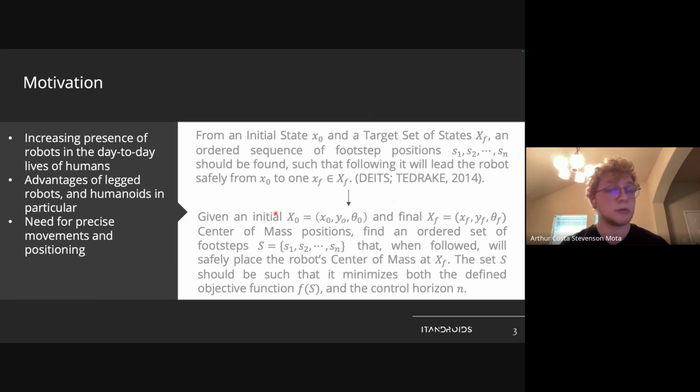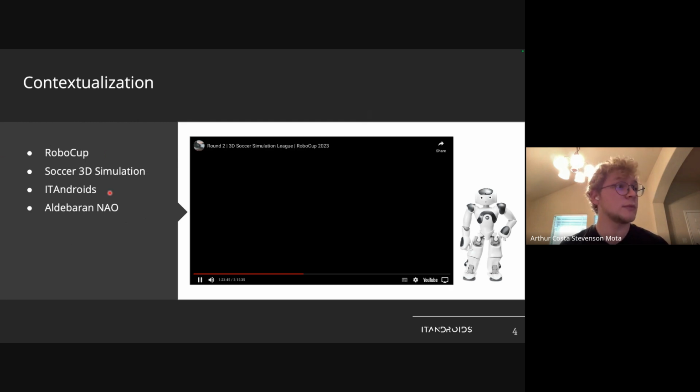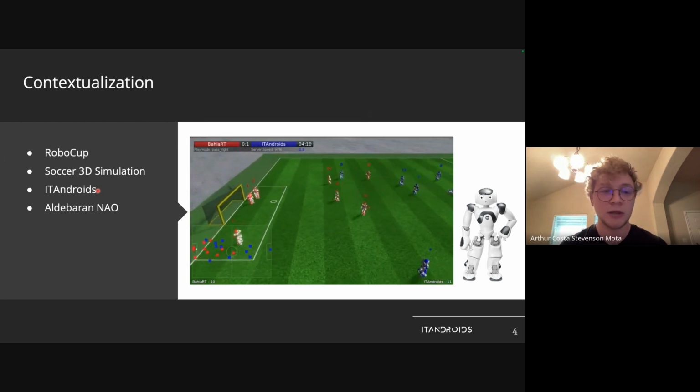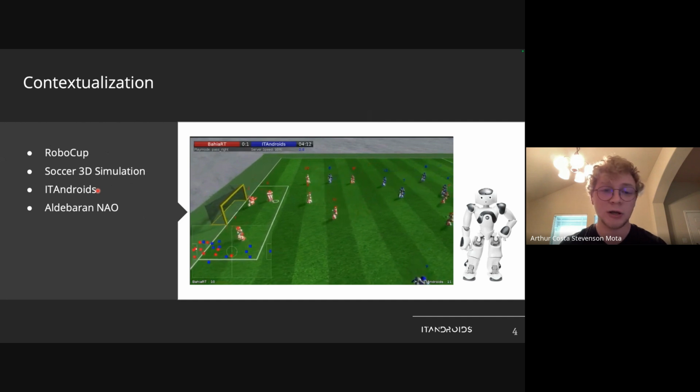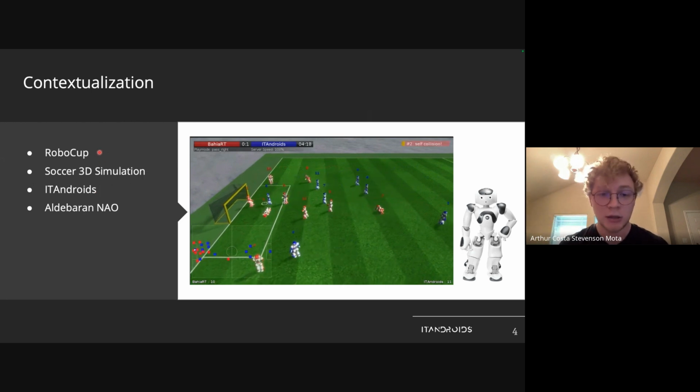Okay, so some context. This thesis spawned as a work from the Soccer 3D team from ITA Drives. ITA Drives is the robotics team from ITA.